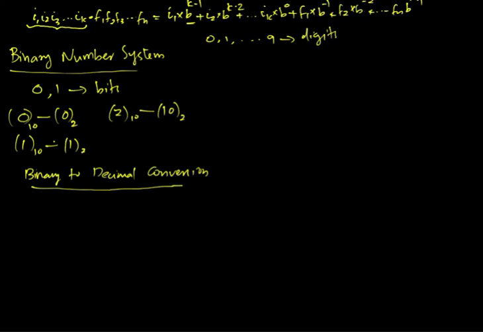I am considering a binary number 1101. It consists of only zeros and ones, which is a binary number. So to convert it into a decimal number, the easiest way is to represent this number in terms of its base. For a binary number, the base is 2.